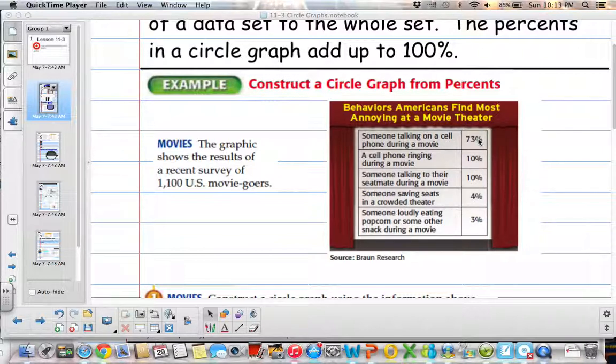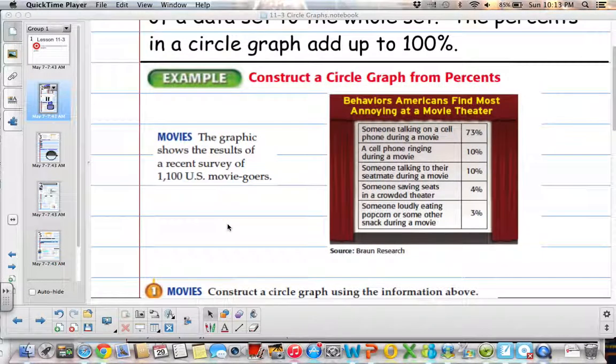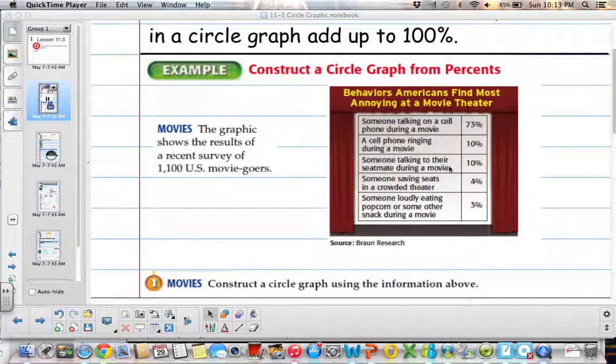So 73% of people said that the most annoying thing at a movie theater is someone talking on a cell phone during a movie, as well as 3% said someone loudly eating popcorn or some other snack during a movie. This is out of 1,100 U.S. moviegoers. So we're already given our percents.